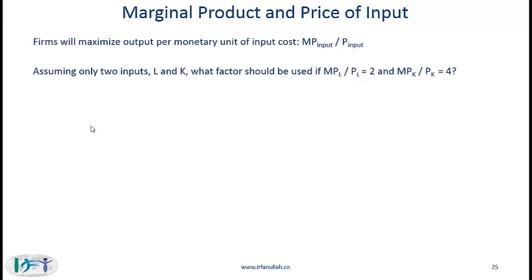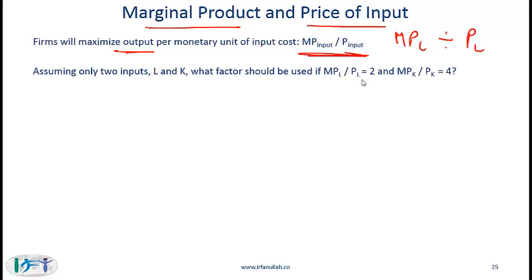Now let's look at the marginal product and price of input. Firms will maximize output per monetary unit of input cost. So if your input is labor, what a firm will want to do is maximize this particular ratio, which is the marginal product for labor divided by the price of 1 unit of labor.